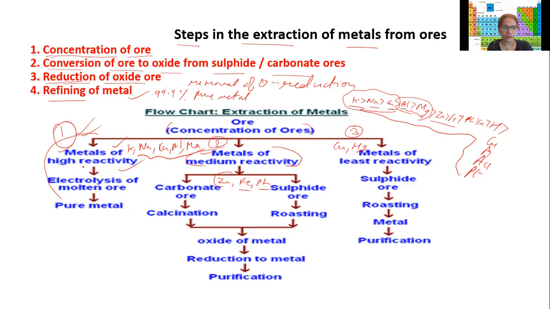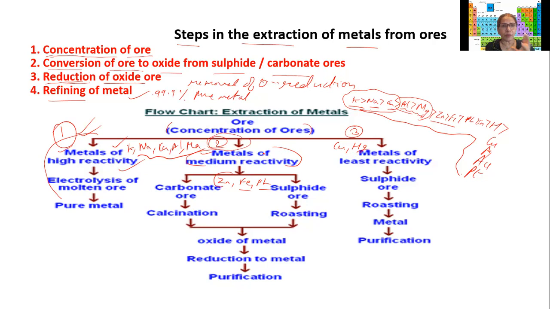The ones in the middle, zinc, iron, lead, for the extraction we use the second column in the flow chart where these steps will be involved. And the third column in the flow chart indicates the steps for the extraction of metals which are low in the reactivity series. Then silver, gold, and platinum, generally they are found in the free states.